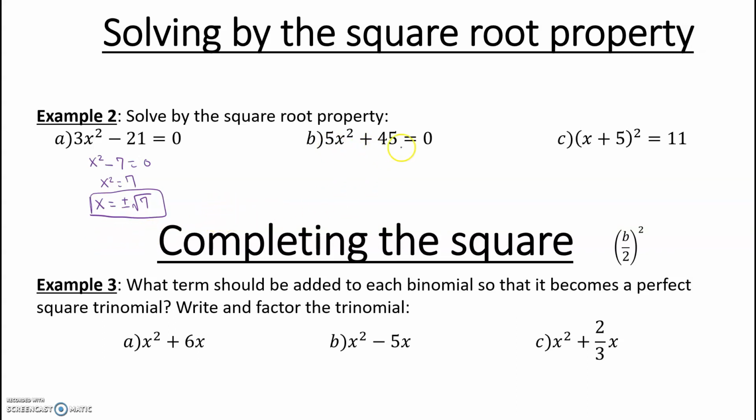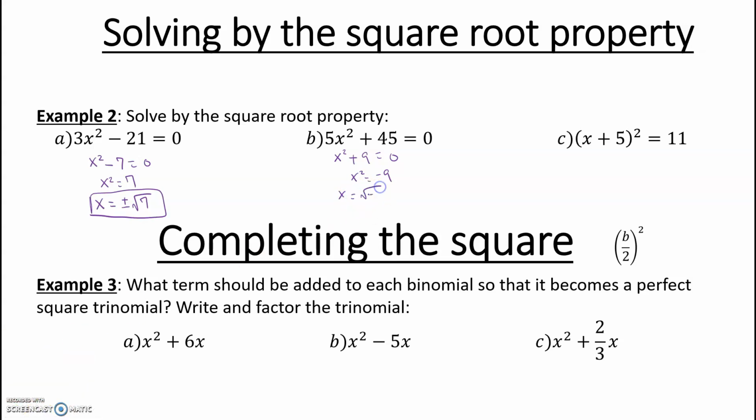Next one, I see everything's divisible by 5, so I'm going to go ahead and divide out that GCF. I'm going to get that x squared alone, so subtract 9, and take the square root. Oops. Guess I'm going to be using this eraser a lot. There we go.